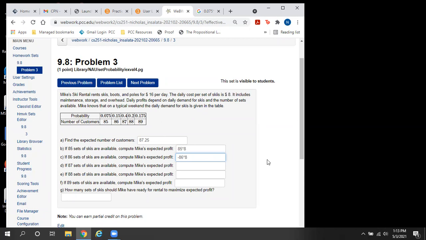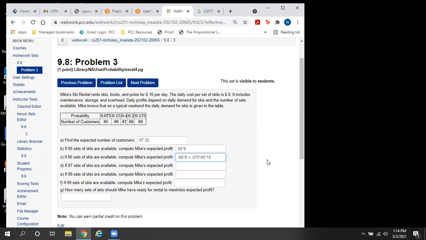But what's the income that Mike could receive? Well, there's two different things that could happen. He could rent 85 sets of skis, or he could rent 86 sets of skis, right? And those have different probabilities. So there's a 0.075 chance times 85 times 16.